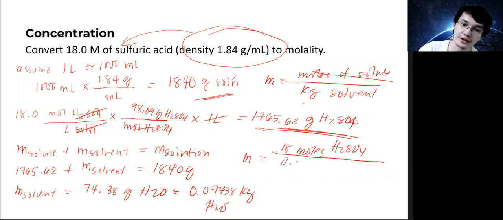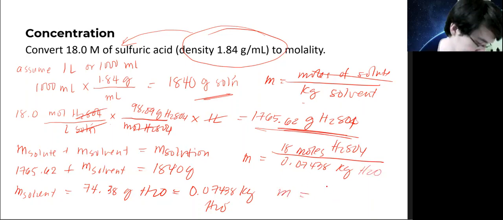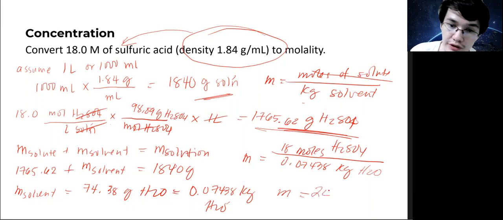Divide it by the mass of solvent, water only. So we get a molality of 242. So that is very concentrated.